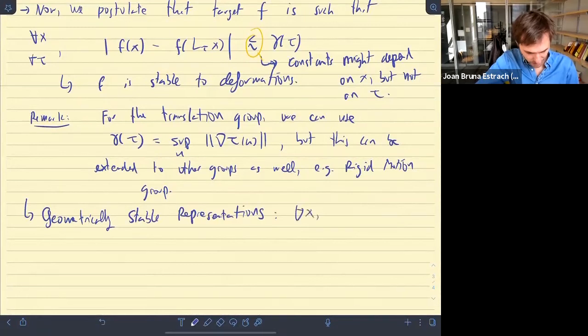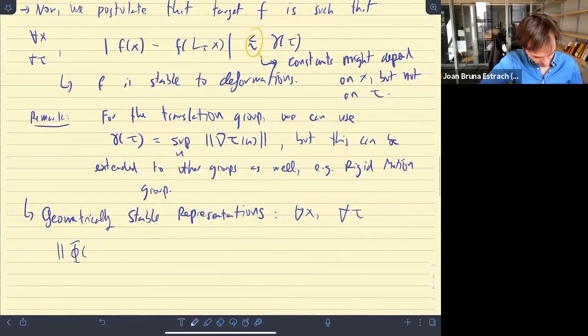So we ask that for all x and for all tau, the representation phi satisfy exactly the same property: x minus phi of L of x to be of the order of the deformation.